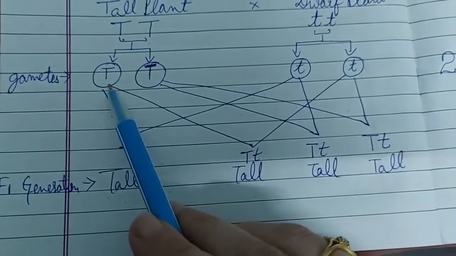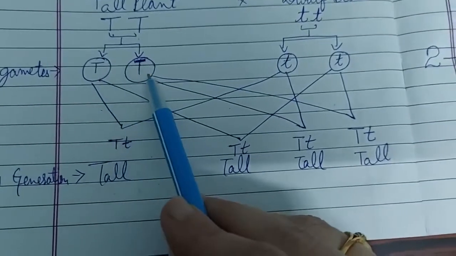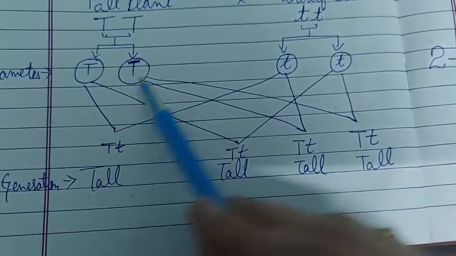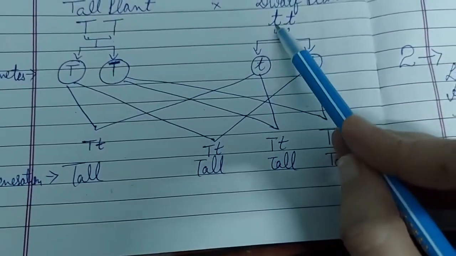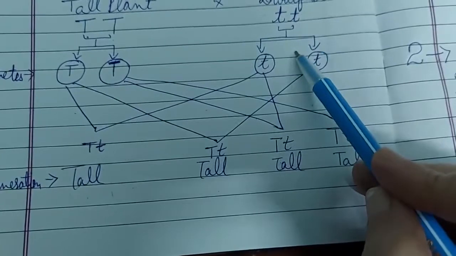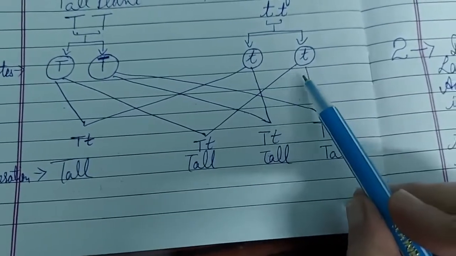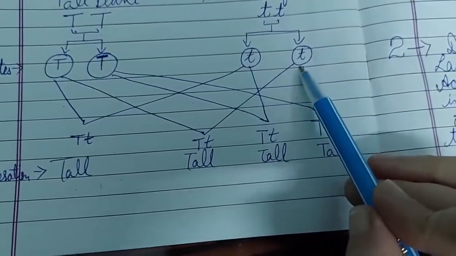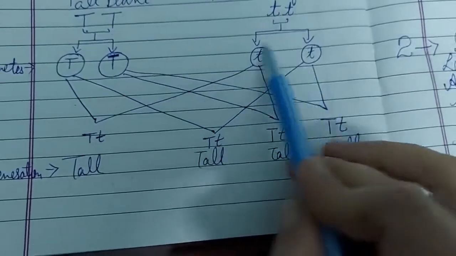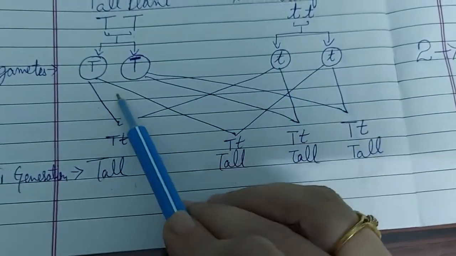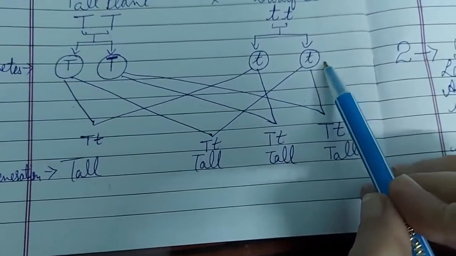Small t is one gamete and that small t is one gamete. And here also small t and small t will segregate into two gametes, small t and small t. There are a total of 4 gametes, 2 from father and 2 from mother.